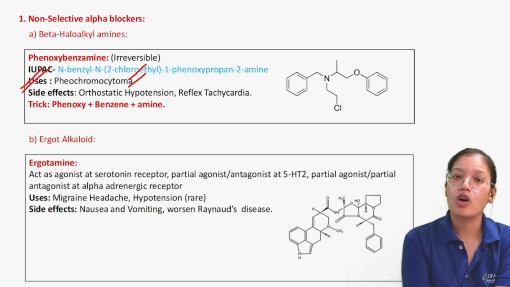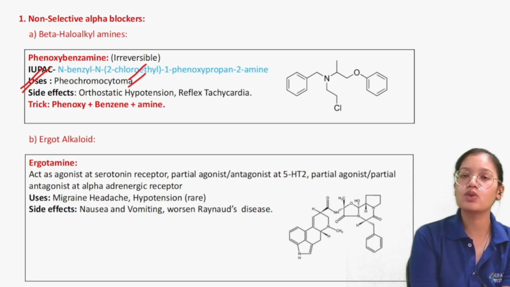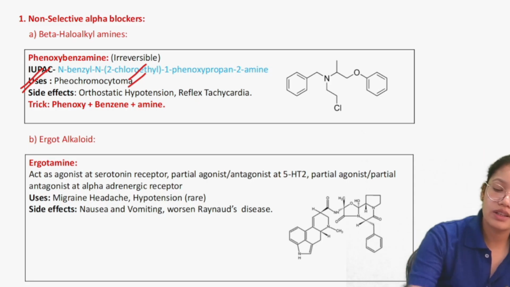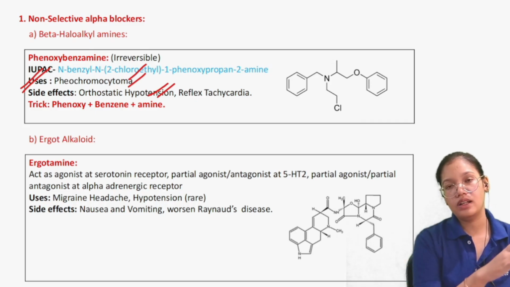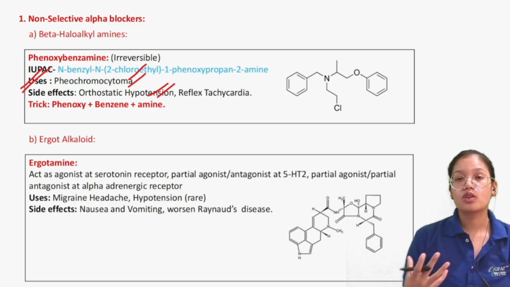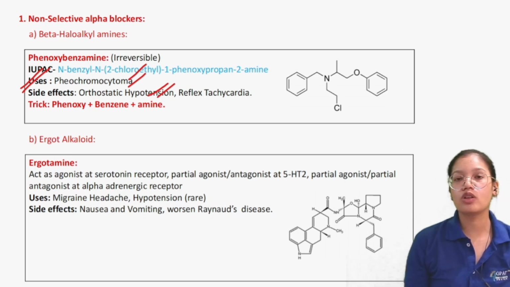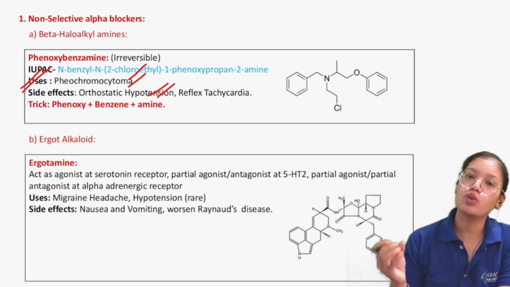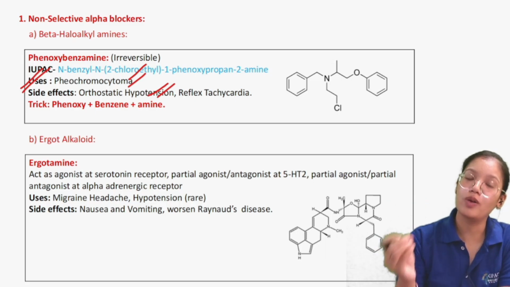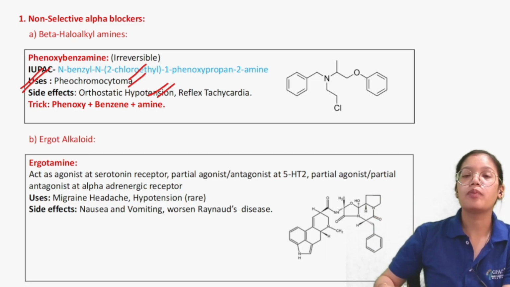Side effects: orthostatic hypotension, reflex tachycardia. Okay, these two are the side effects. Now what is orthostatic hypotension? Basically when someone is lying down or sitting for a long time, whenever the individual stands, due to gravitational force our blood flow is towards downward, that is towards the legs or the abdomen.